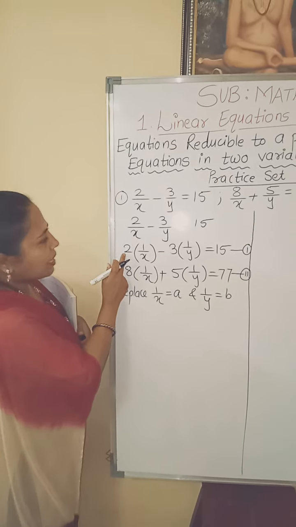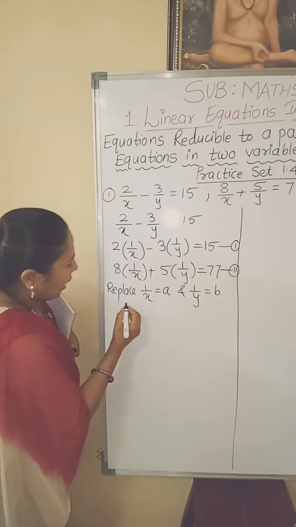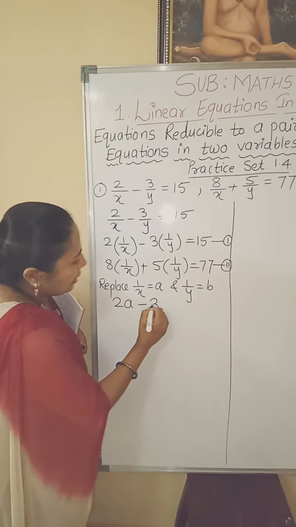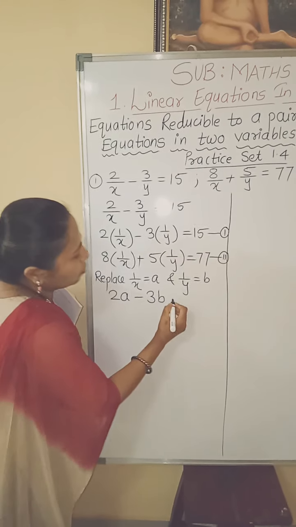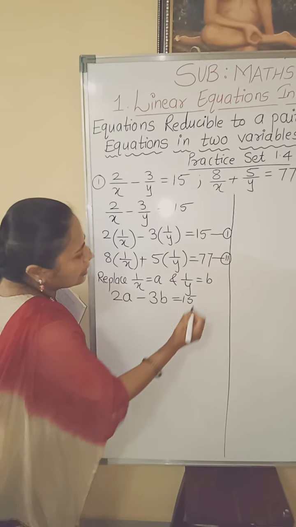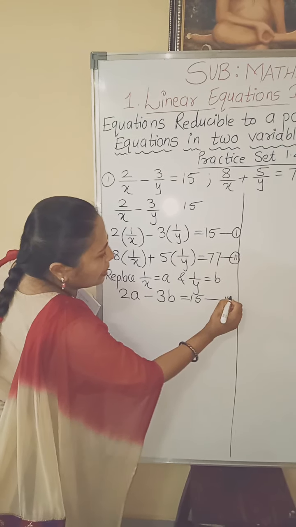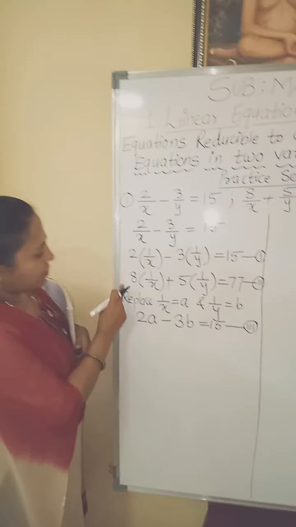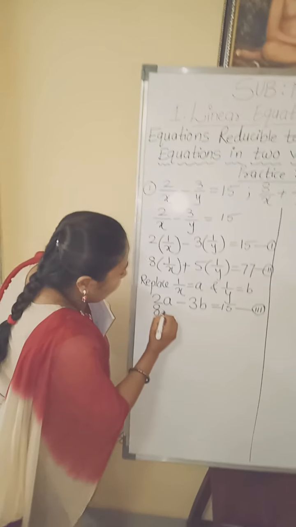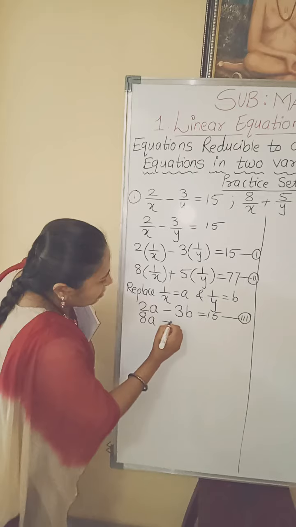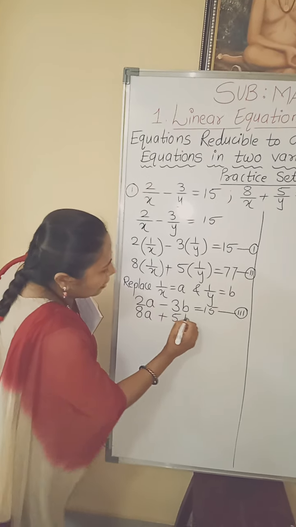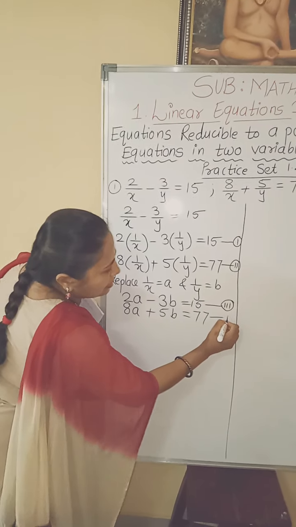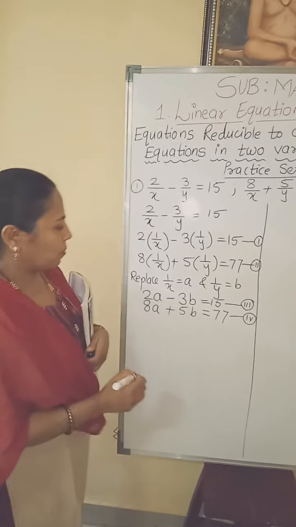So the first equation we will convert as 2a minus 3b equal to 50. This is our equation number 3. In the same way the second equation we will convert as 8a plus 5b equal to 77. This is our equation number 4.